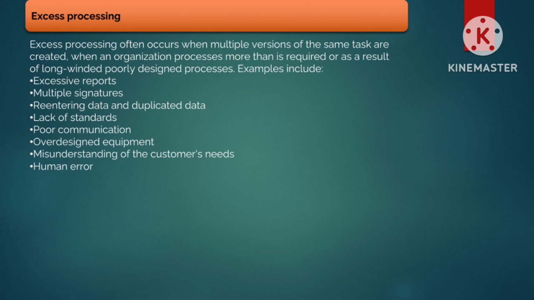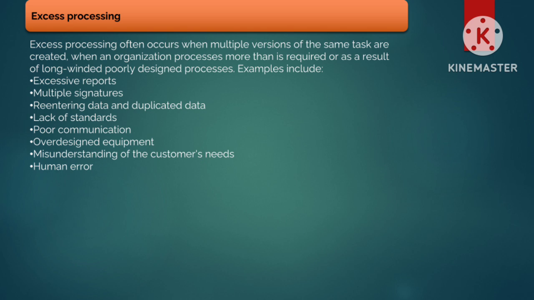So it is very important that you follow the steps so you do not end up putting in extra effort, extra cost, extra hours for the same thing. It will be a loss for the process and a loss for the organization. So make sure you are not doing excessive processing, which will lead to waste in the process.